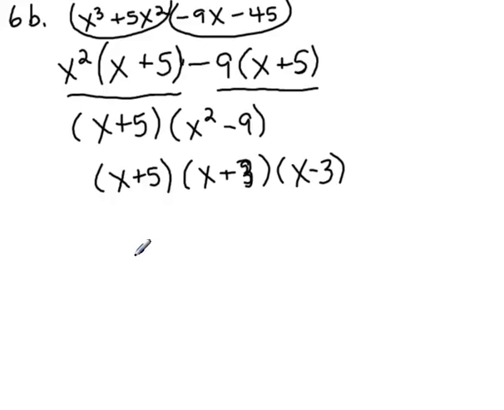Okay, why don't we go ahead and try C while we're at it. C is 3x to the 4th minus 375x.